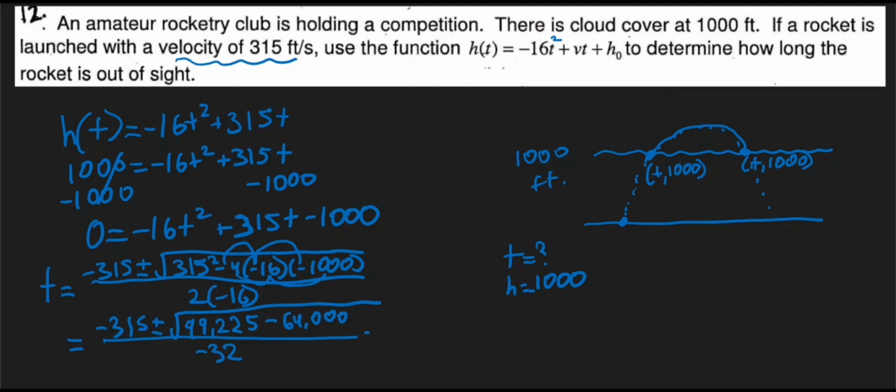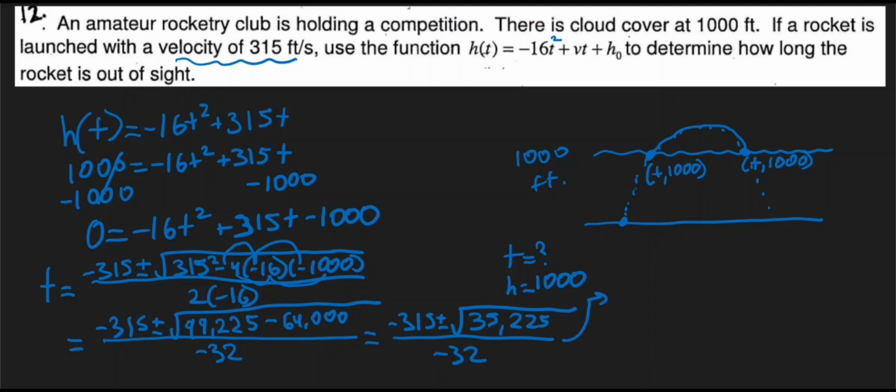Okay, and that simplifies to negative 315 plus or minus the square root of, let's get the difference of these two numbers, and that should be 35,225, divided by negative 32. All right, and this breaks up into two solutions.